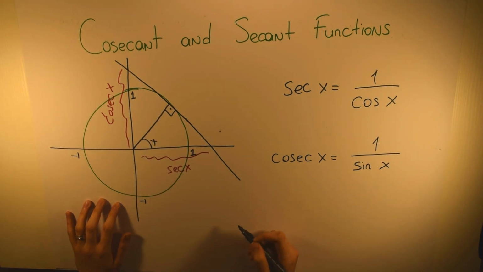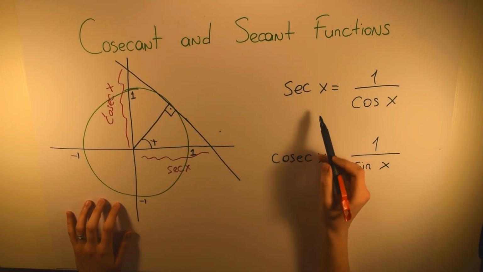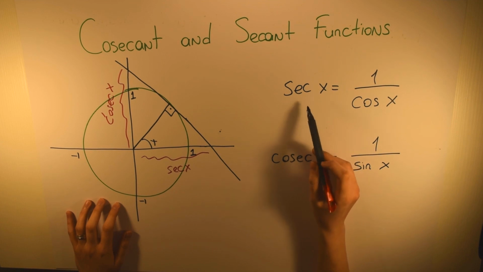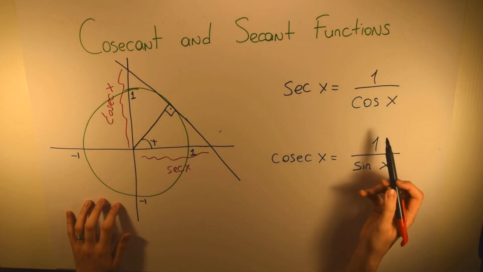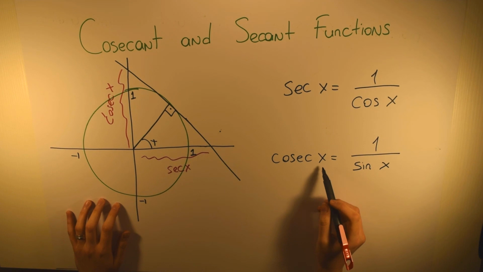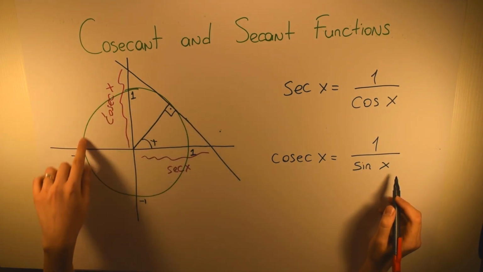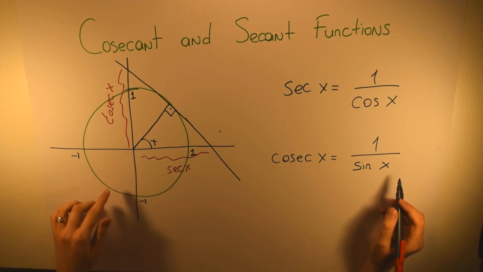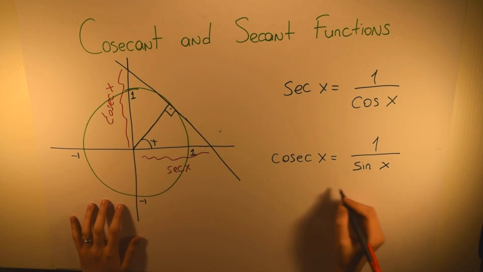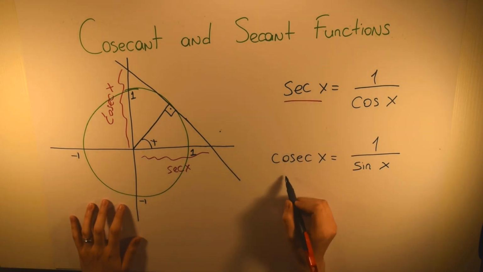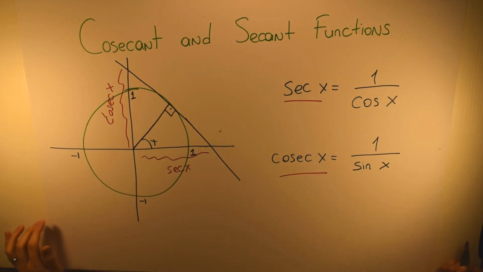The formulas for these identities are: secant x is equal to 1 over cosine x, and cosecant x is equal to 1 over sine x. This graph will not be asked too much, actually it is not going to be asked, but you have to know these identities to solve questions about trigonometry.